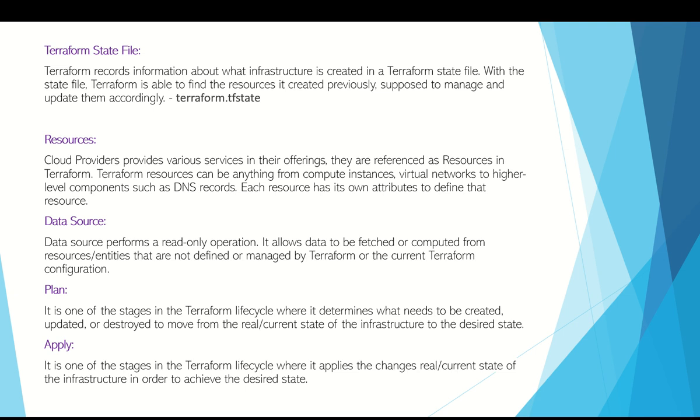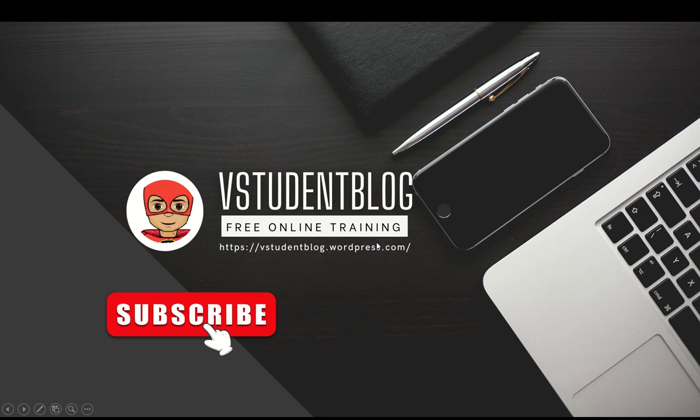You can open the plan file and see it. If the plan looks good, then you can apply the plan. Simply, apply is terraform apply. It is the final stage where we apply this to create the infrastructure or required environment.